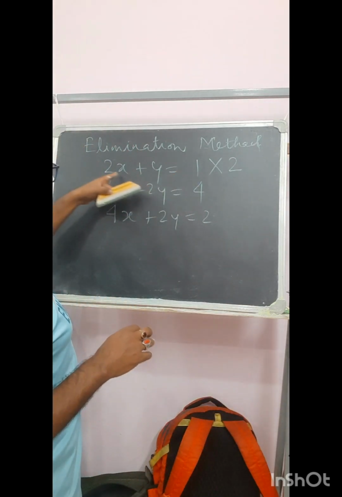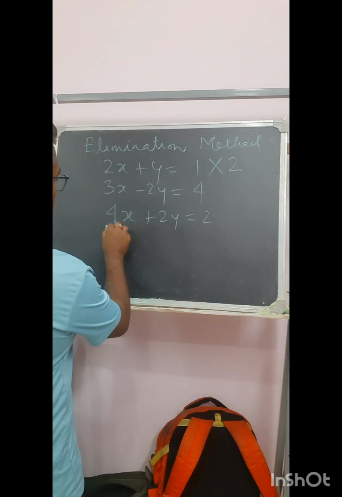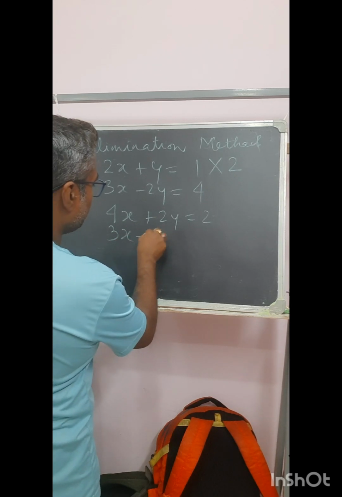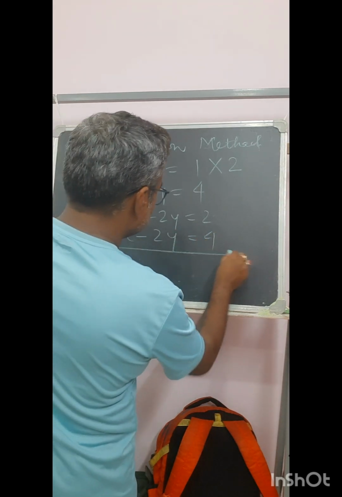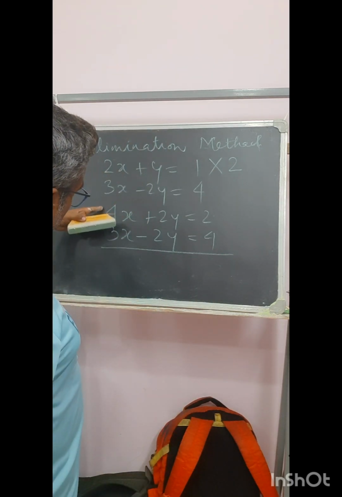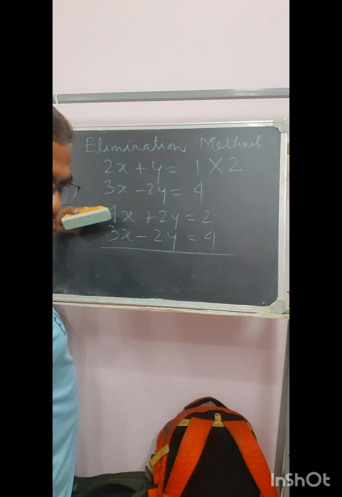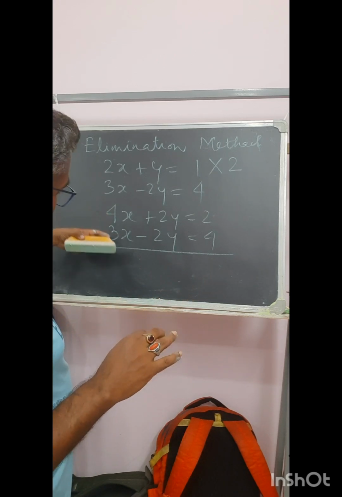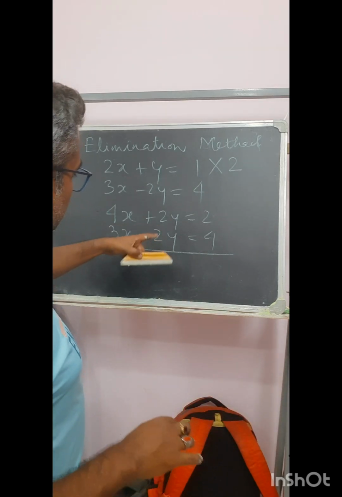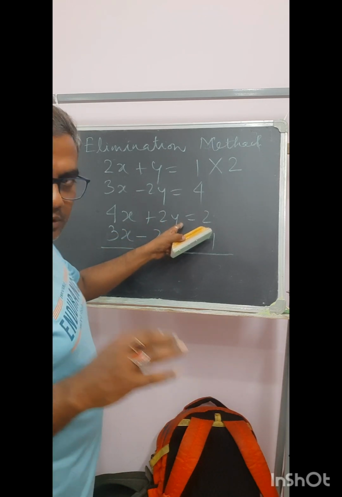So I will multiply by 2 to get this equation, and the second equation I will keep as it is. Now you have to consider the next step in the sign. Whether you have to subtract the converted equation 1 from 2, or add, depends on the term that you are trying to eliminate.